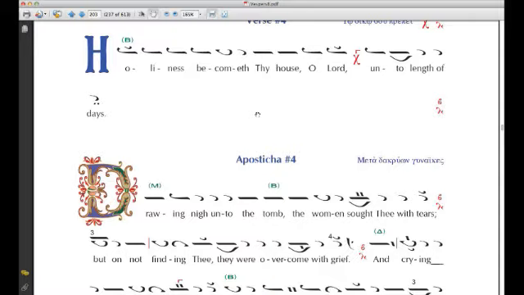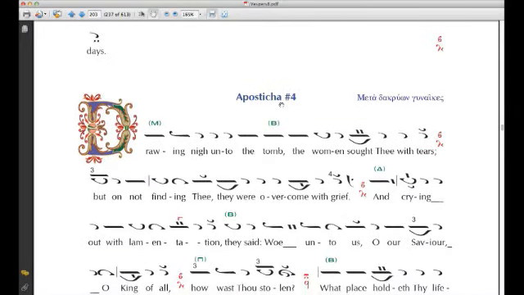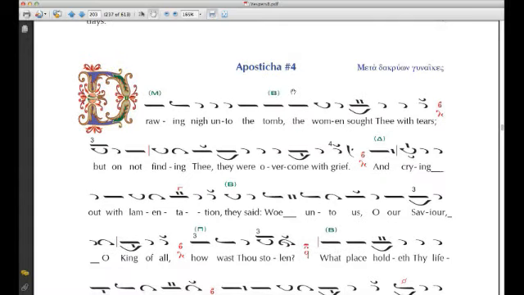Drawing nigh unto the tomb, the women sought thee with tears, but on not finding thee, they were overcome with grief, and crying out with lamentation, they said, woe unto us, O our Saviour, O King of all! How wast thou stolen?